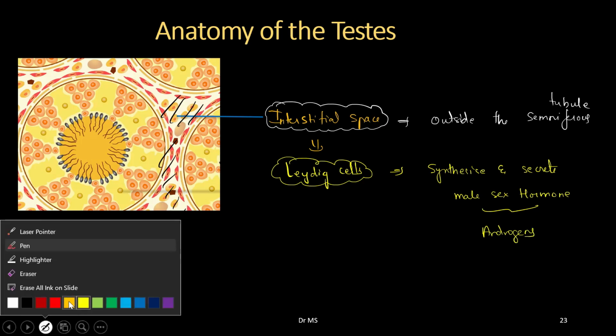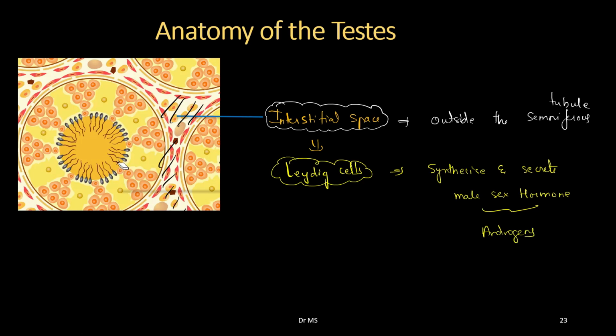And the other one is the internal one, which is the Sertoli cells. We know the Sertoli cells will be helpful for giving structural support to the inside of the seminiferous tubule. Second, they will provide nutrition for the sperms, and they will also help in protection of the developing sperms. So three functions will be done.